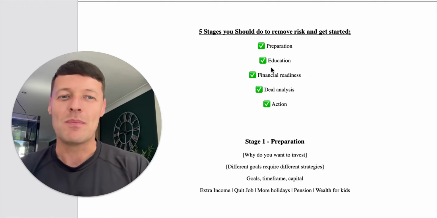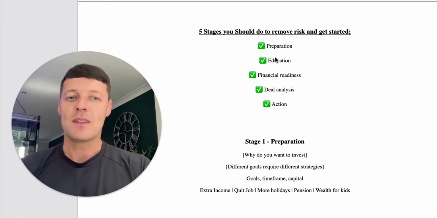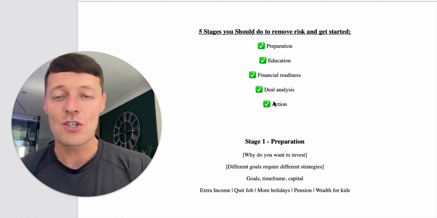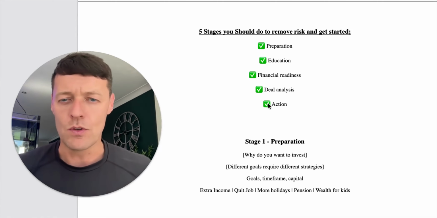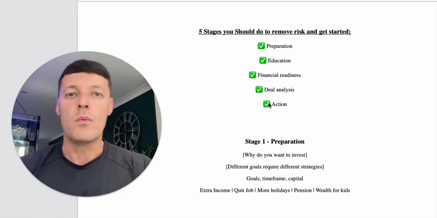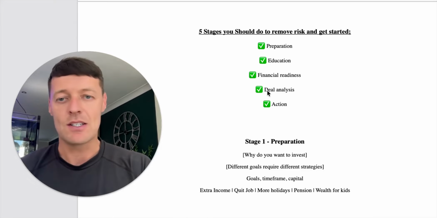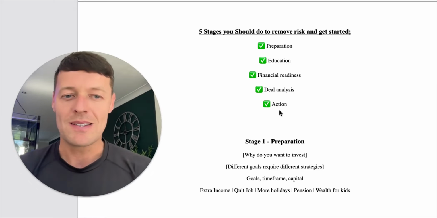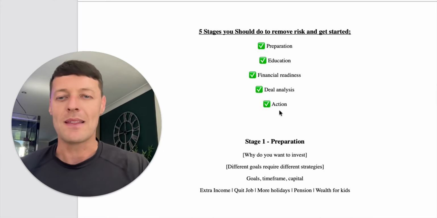Now, the mistake a lot of people make is they spend way too much time on education and don't do any of the others, or they jump straight to action without doing any of the previous steps, but then they get stuck amongst all the confusion when it comes to taking action and actually securing and buying a property. So what we want to do is go through each of these quickly, lay out a clear plan, a clear strategy. Then when you get to the last one, which is action, you'll be in a much better place. It won't feel risky, you won't be fearful, and you can go and make that happen.